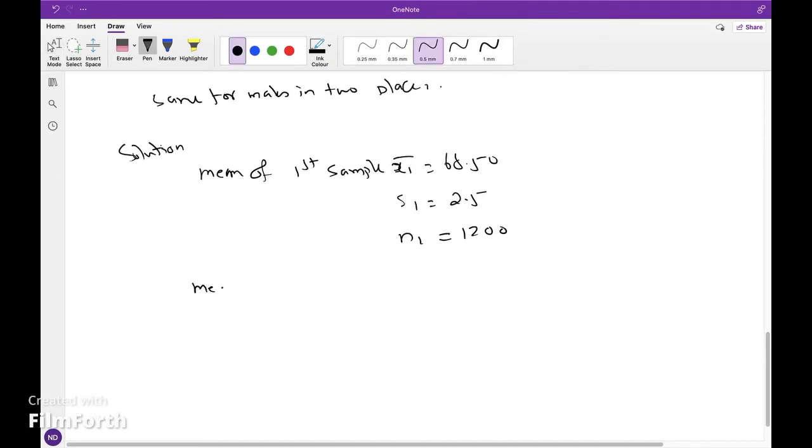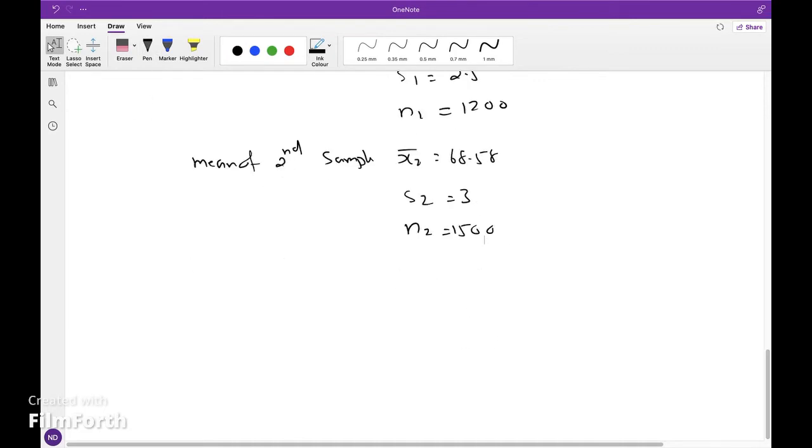Then mean of the second sample x2 bar, that is 68.58, standard deviation 3, sample size 1500.